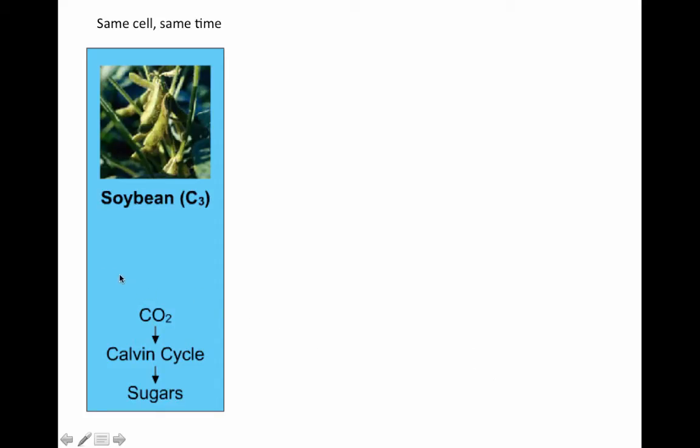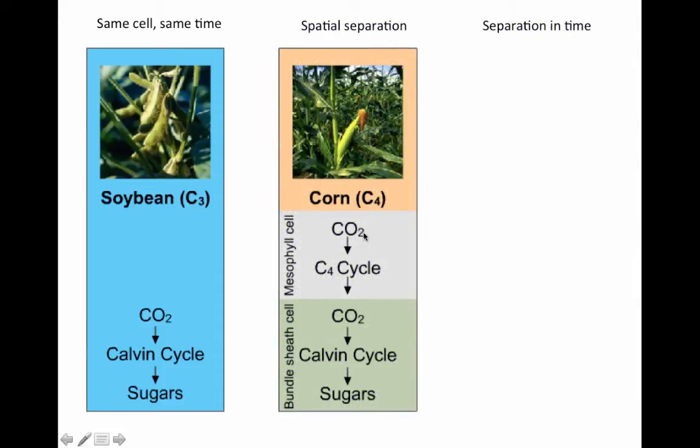So in the first example we talked about, the typical C3 pathway, you have in the same cell CO2 coming in through Rubisco, being fed into the Calvin cycle, and sugars being produced. In the C4 pathway, you have one cell holding the carbon in the form of that 4-carbon intermediate.